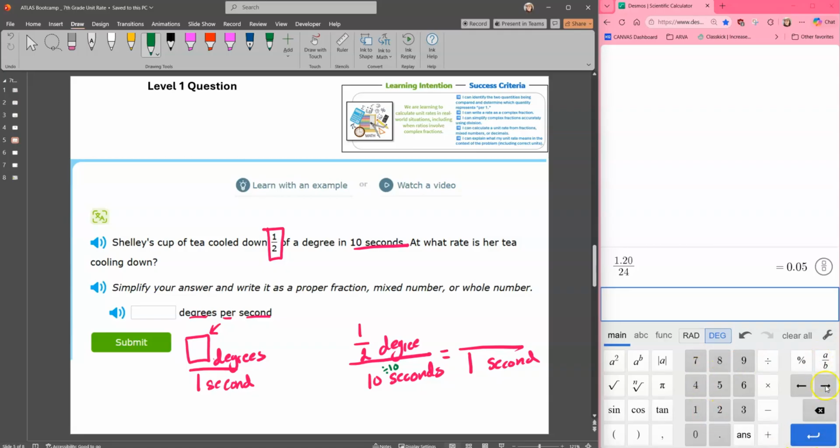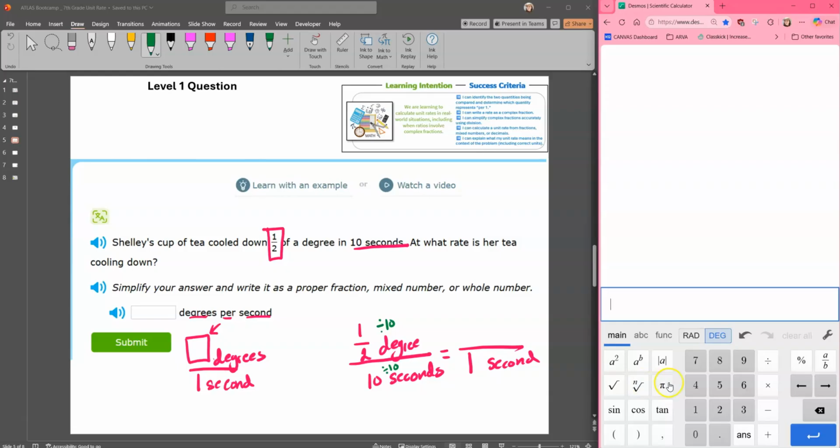And you can check that on the calculator over here, and I will go ahead and do that. But anything divided by itself is just 1. To keep this fraction equivalent, anything I do to the bottom, I have to do to the top. So I have 1/2 divided by 10. So I'm going to come over here.